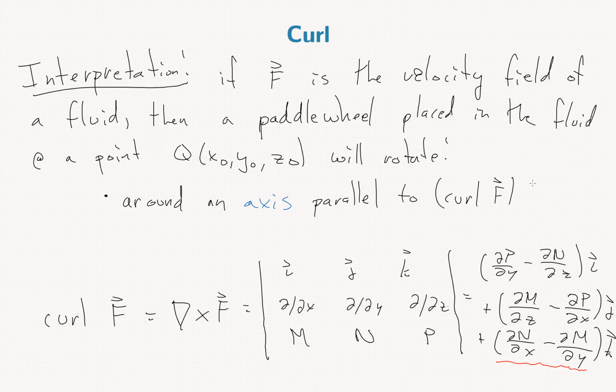Again, this is a new vector field, so we evaluate that vector field at Q, or at x0, y0, z0. So this tells us that the rotation is happening around an axis like this, but it doesn't yet tell us if the rotation is going clockwise or counterclockwise.